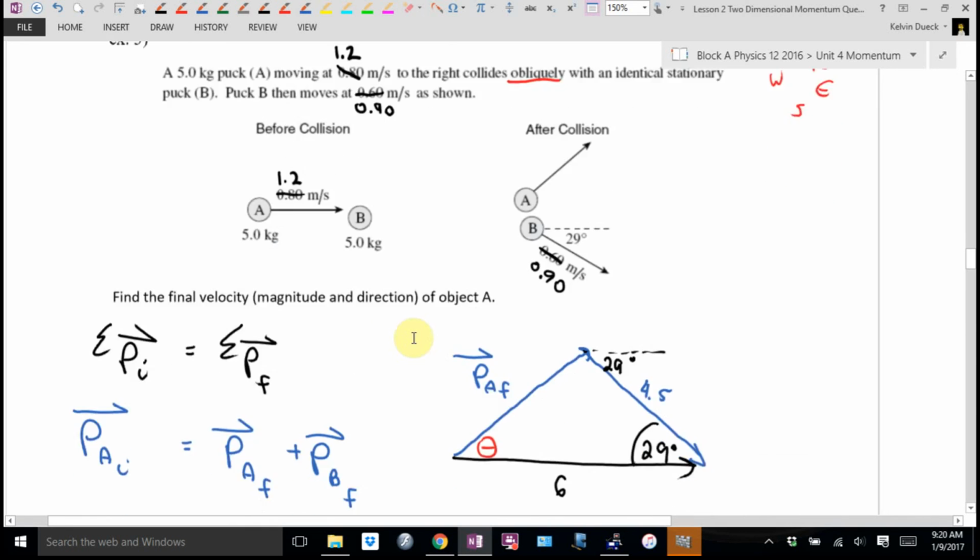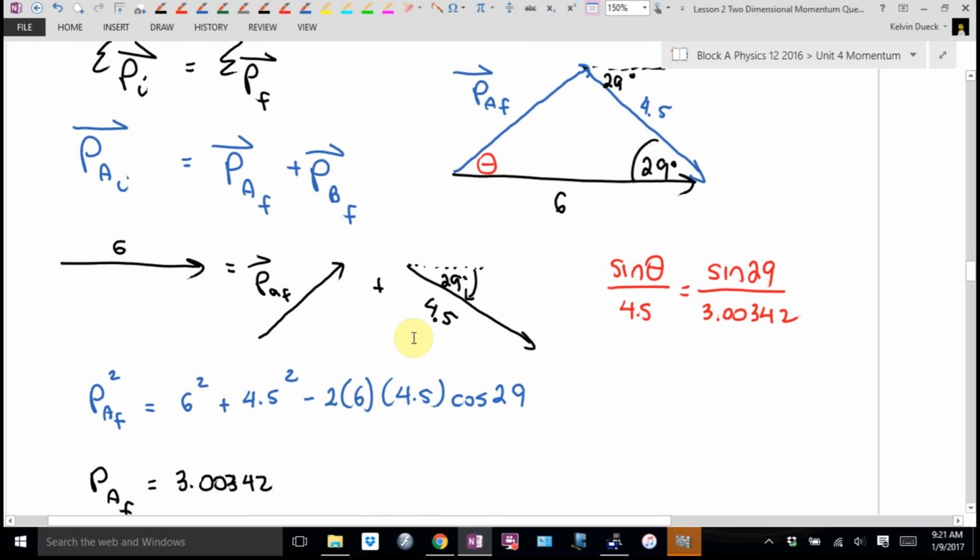Yes? It seems as though you can use the cosine law for pretty much everything we've done so far. Is that going to be the case throughout the unit, or are you ever going to need to use a sine law over the cosine law? I have one question in mind. I know I solved that question using the sine law because it's quicker, because they gave me extra information. But it's possible that you could also use the cosine law to solve it. I can't remember. It's going to be in a couple of days. So the answer to your question is, I think you can use the cosine law to solve almost everything, but there might be one weird exception.